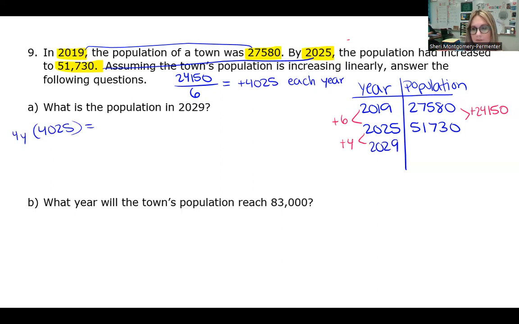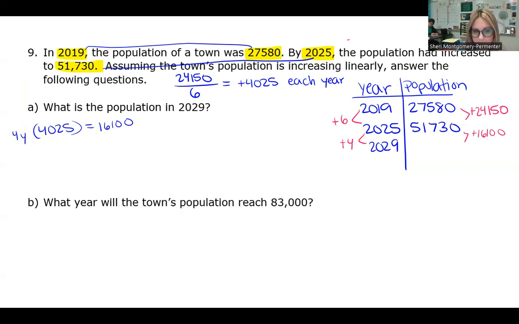So how much do I have to add to the previous population? Okay, so I'm gonna add that to my population that I had.